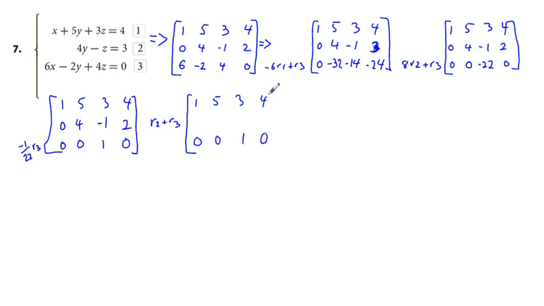And then we're going to take row 2 plus row 3, so we have 0, and then 0 plus 4 is going to be 4. 1 plus negative 1 is 0, and the last one we have is 0 plus 2 is going to be 2. So that's what we have there.